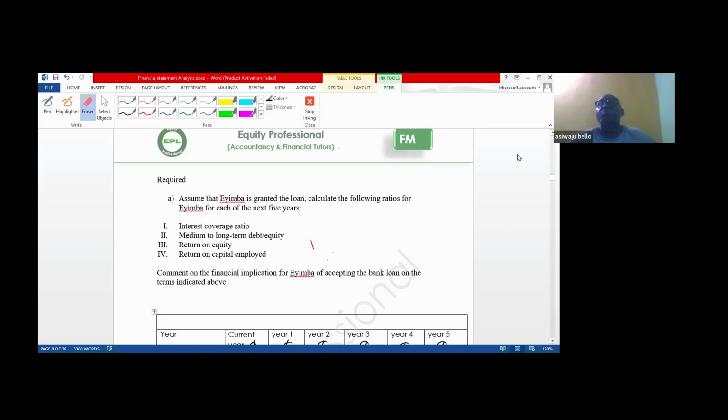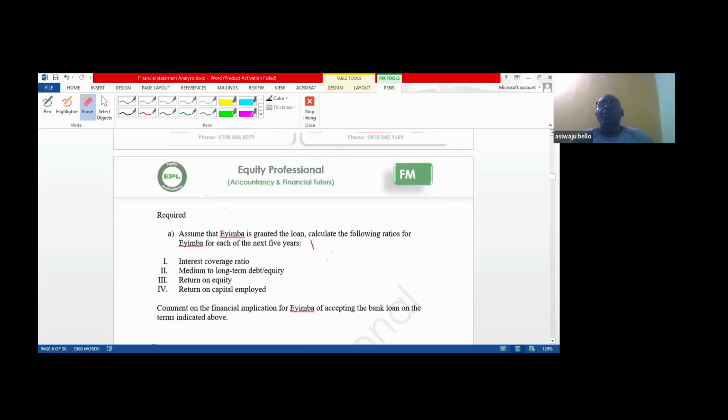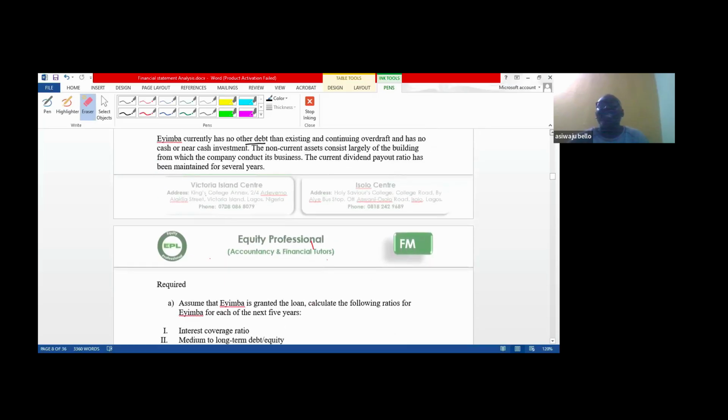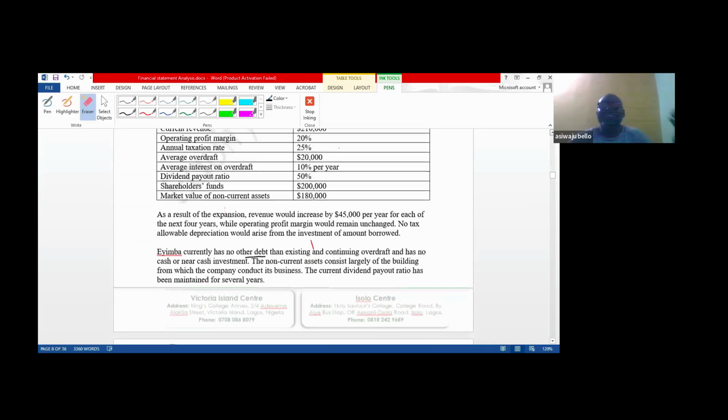Examiner says in the question, but these are questions that test your financial reasoning. Examiner says, Enyimba currently has no debt other than the existing and continuing overdraft and has no cash or near cash investments.